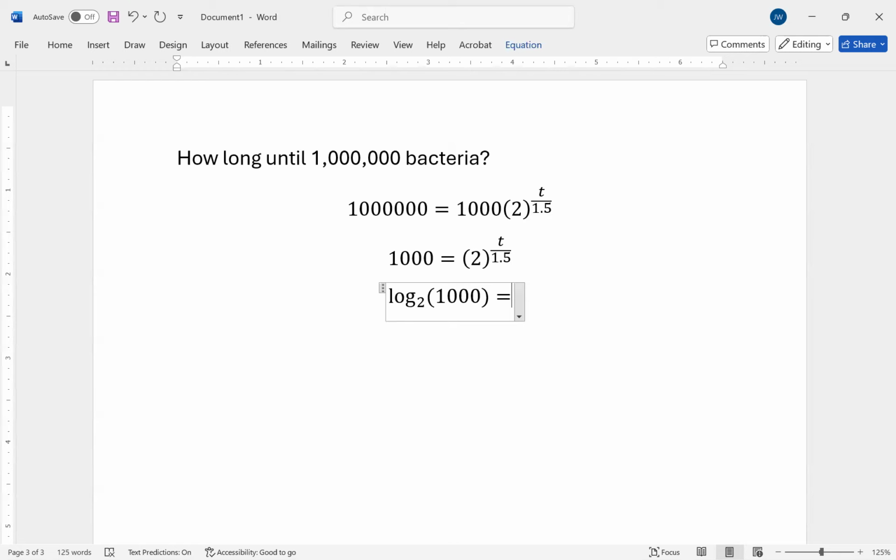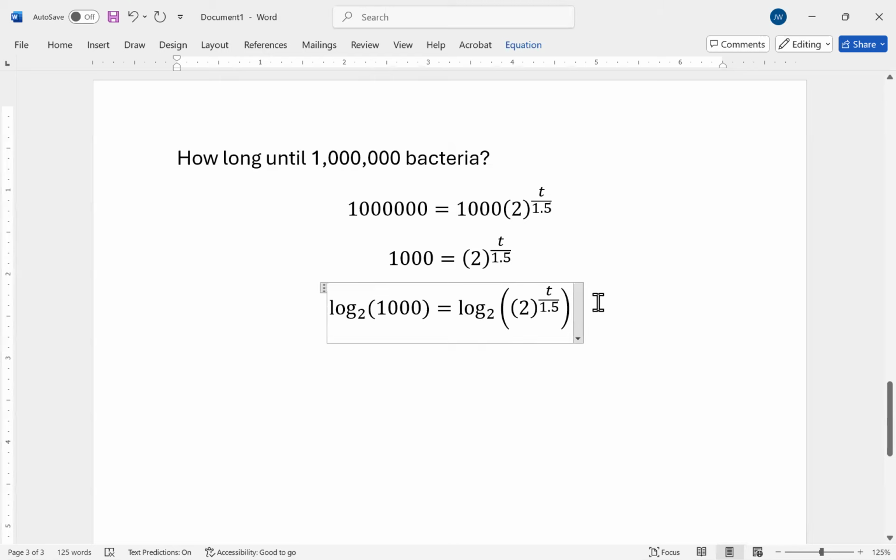So log base 2 of 1,000 is going to be equal to log base 2 of (2) raised to the T over 1.5 power. I'll put that 2 inside of parentheses just so it looks a little bit different. There you go. And then what we have is the inverse property of logs and exponentials. That is, the log base 2 of 2 raised to a power is just going to give me that power.